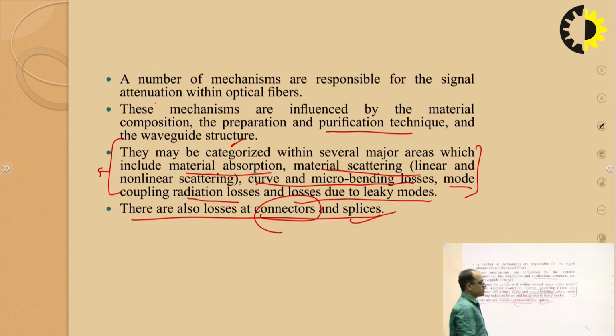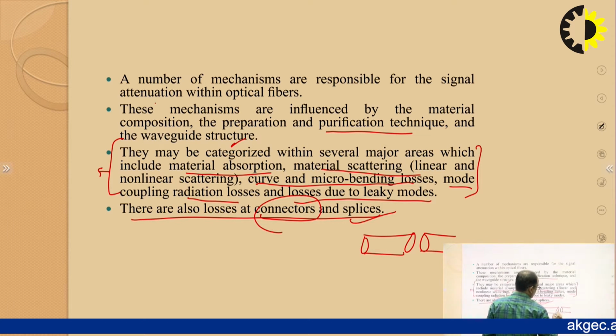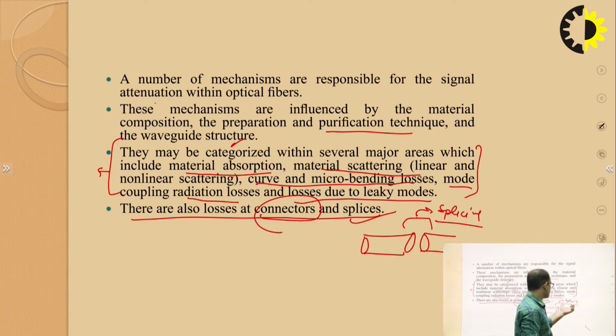Splicing is the process of joining two optical fiber cables. When I want to join two optical fiber cables, we use the technique called splicing, and this splicing also causes signal loss in the optical fiber cable.